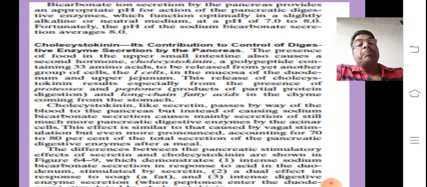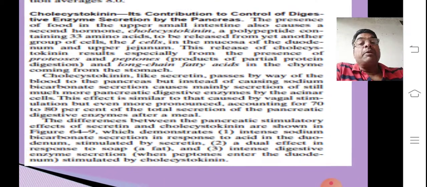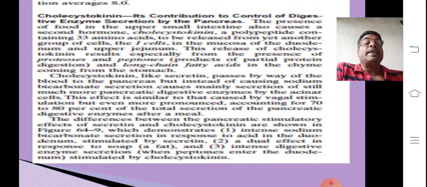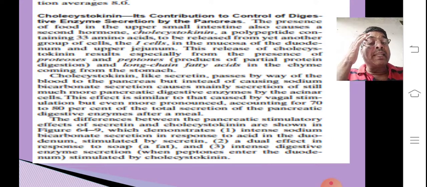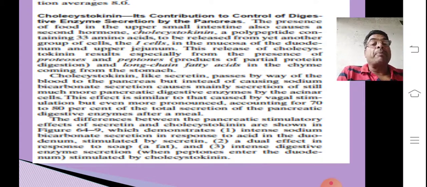The difference between the pancreatic stimulation effects of secretin and cholecystokinin is shown in the next figure, which demonstrates first an intense sodium bicarbonate secretion stimulated by secretin, a dual effect in response to soap and fat, and a third instance of digestive secretion when peptones enter the duodenum, stimulated by cholecystokinin.